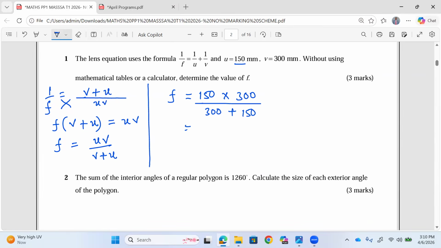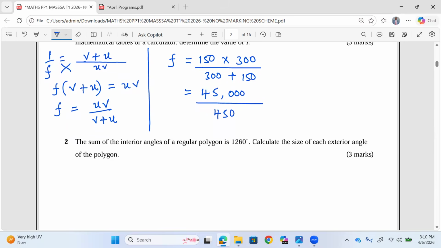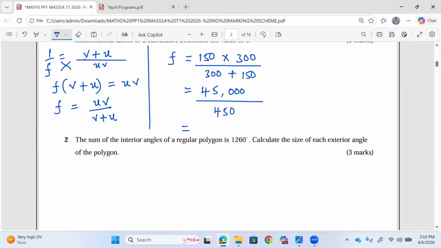At this point, we should be able to say that 15 times 3 is 45. Then we add 3 zeros, so 45,000 over, when we add 300 and 150, we get 450. So now dividing this becomes very easy, because a 0 can cancel in advance.